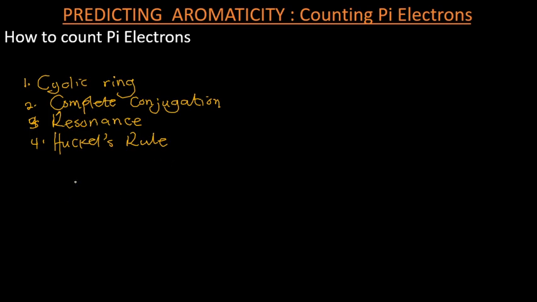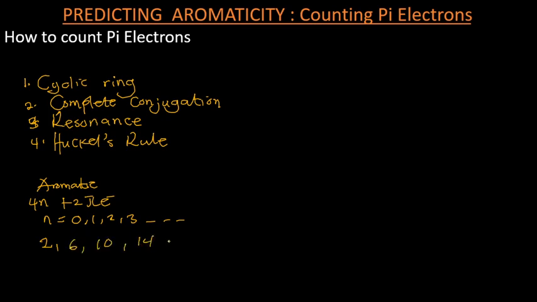Alright, so when we were talking about Hückel's rule, we did lay emphasis on some numbers because we said aromatic compounds have 4n plus 2 pi electrons. So if n is equal to 0, 1, 2, 3, or these integers and more, we're going to be having 2, 6, 10, 14, 18, 22, and a lot more.